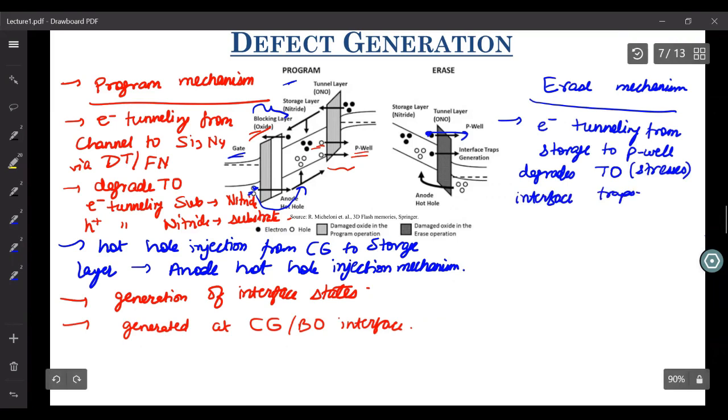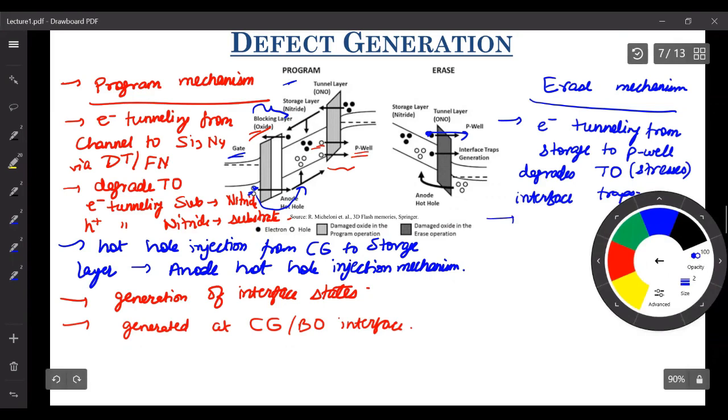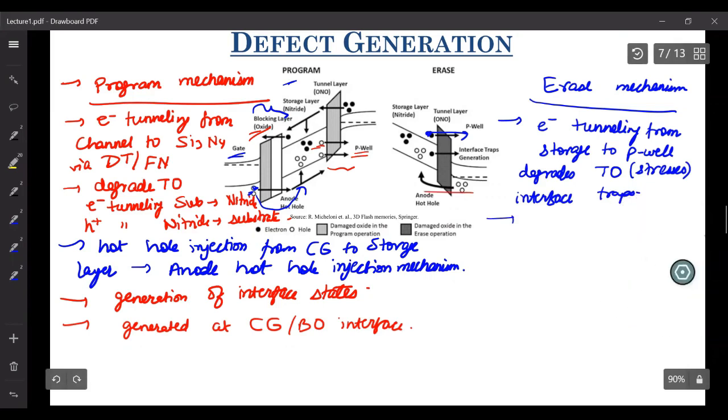However, at the same time, there is also tunneling of holes. These holes can even be hot holes, because if your channel is subjected to a large electric field, there can be hot carrier effects.